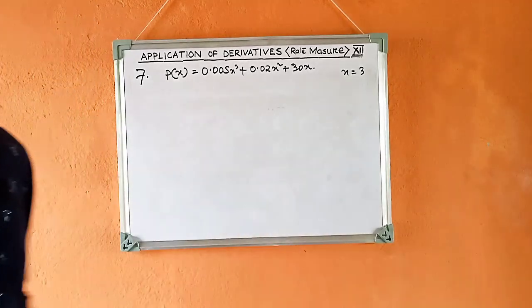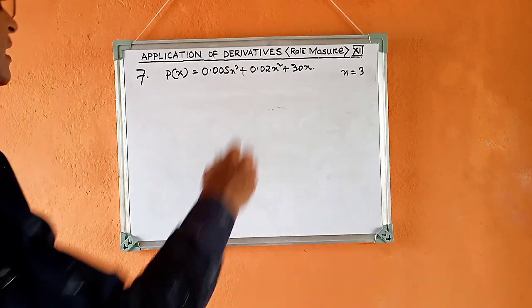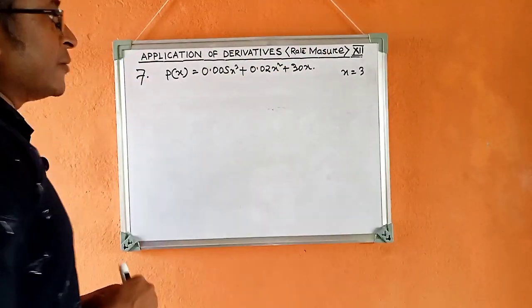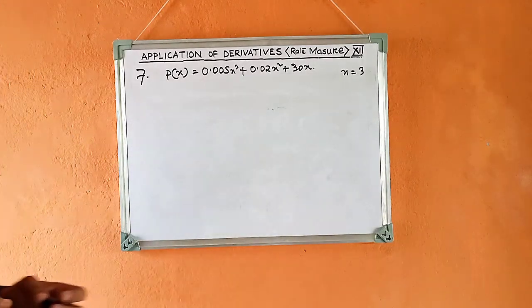Now see, Px equal to this one. All of you know marginal increase. If we differentiate this equation, that means find dy by dx, we get the marginal increase.